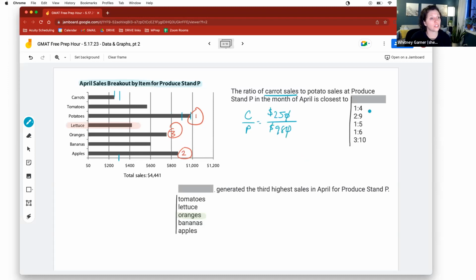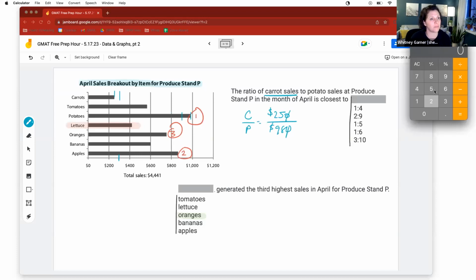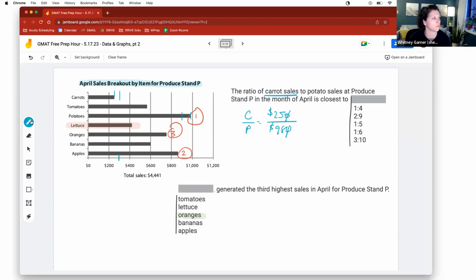Now, it does really look like a 1 to 4, but just to be on the careful side, I'm going to make sure that 25 divided by, let's call it 98, is 0.25 or 1/4 or 1 to 4 ratio. And so we'll take 1 to 4. So easy enough problem. I didn't want to give y'all a crazy one to start with.